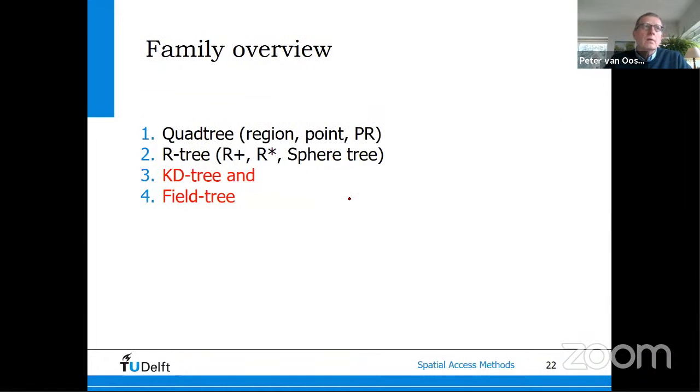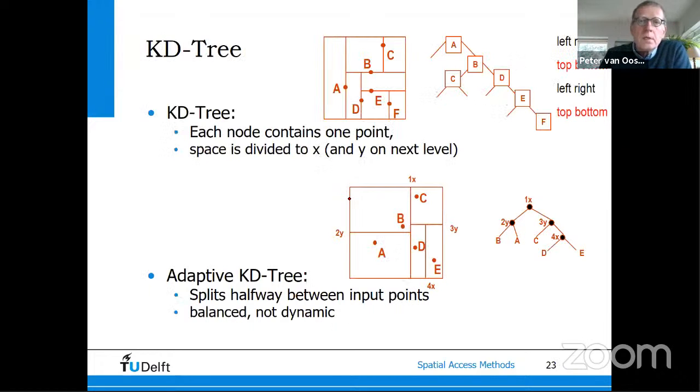Okay, I would say these are the 2 most important structures, Quadtree, R-tree, also the ones you see most in reality being implemented. But let's have a look at 2 other structures, the KD tree and the field tree. They are really easy now you understand the others, at least this one. The KD tree, it's a binary tree.